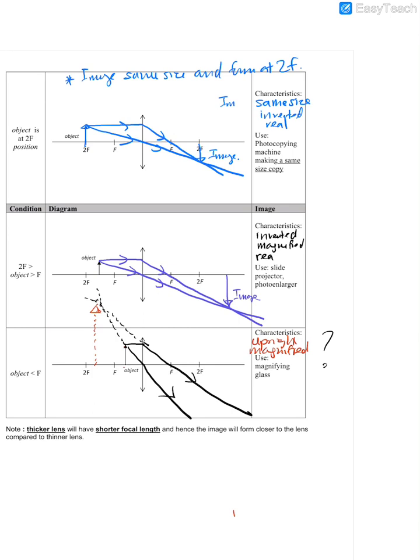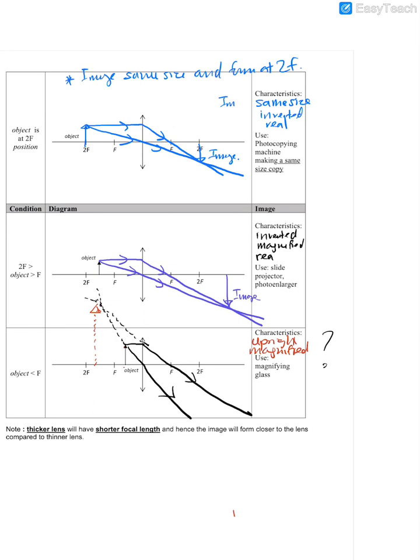And the application is the magnifying glass. You use a magnifying glass, you notice the object never appears upside down. It's always upright and always bigger. And when you take a magnifying glass, can you just put it very far away from you? No, right? You always have to go quite close. Why?